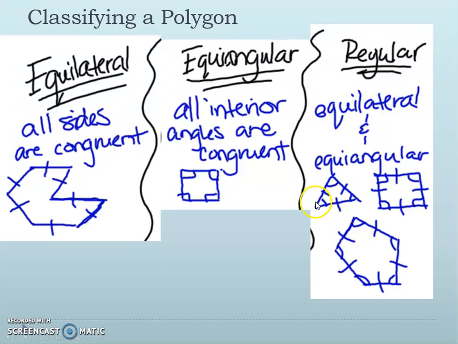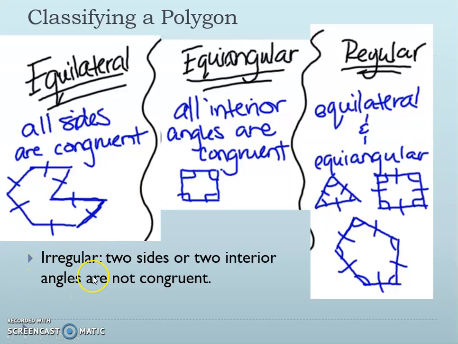So if they have equal sides and equal angles, we call that a regular polygon. So there are three types: equilateral, all sides are congruent; equiangular, all angles are congruent; and regular polygon means both equilateral and equiangular. So they have the same side lengths and congruent angles inside.